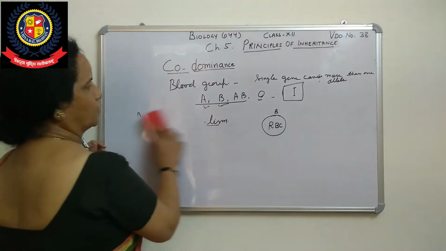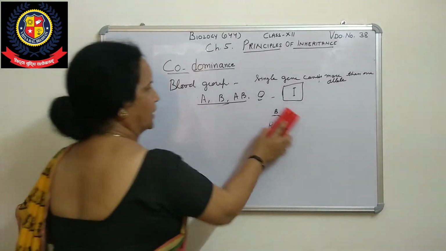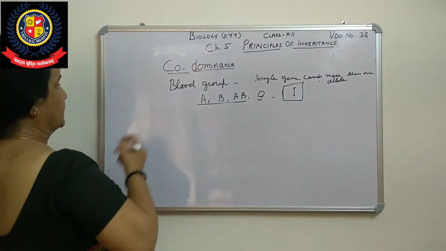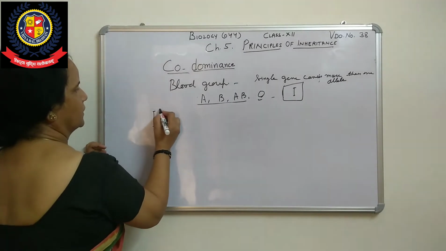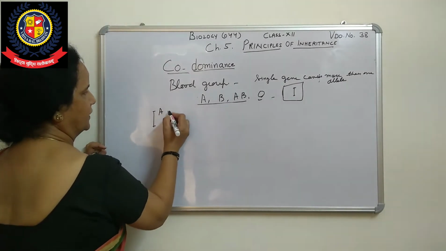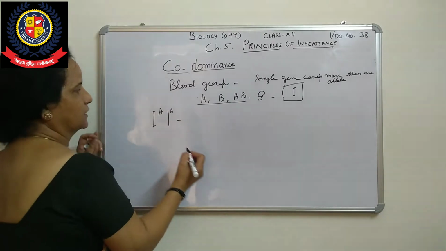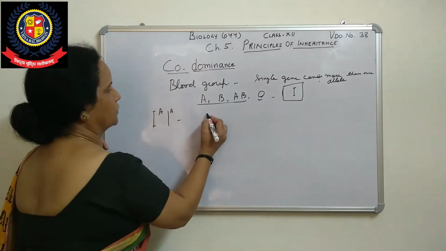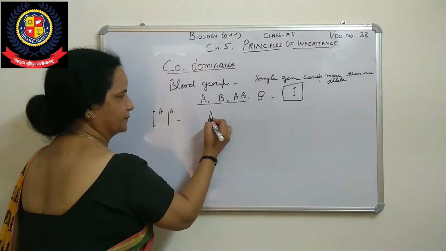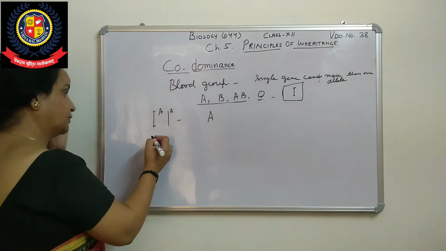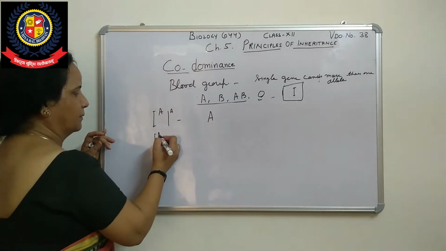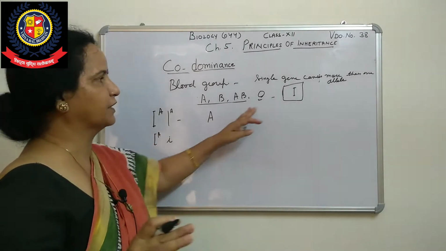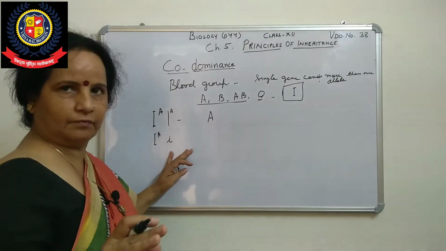When we talk about blood group A, there are two conditions. In blood group A, if both are AA, both are the same, homozygous, that is blood group A. Now suppose one is A but another one is I. The I is not having any sugar, that is recessive.